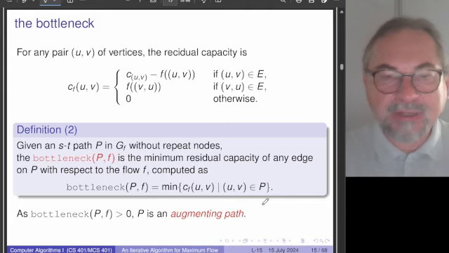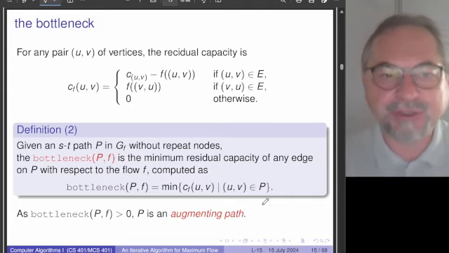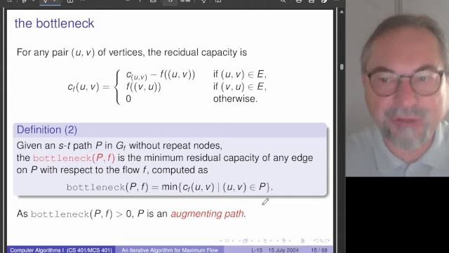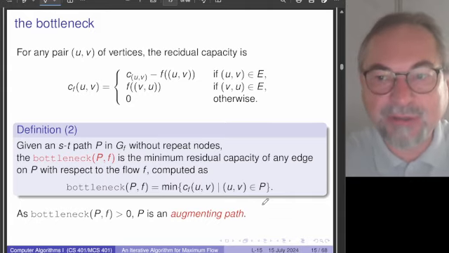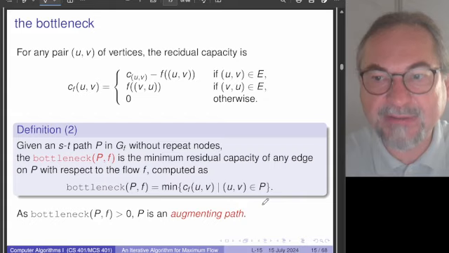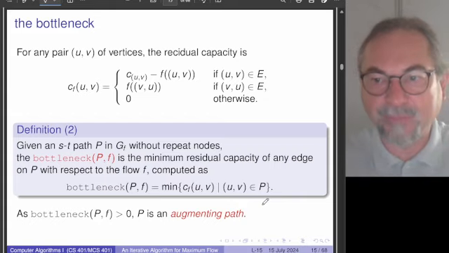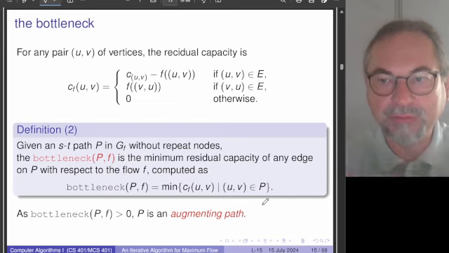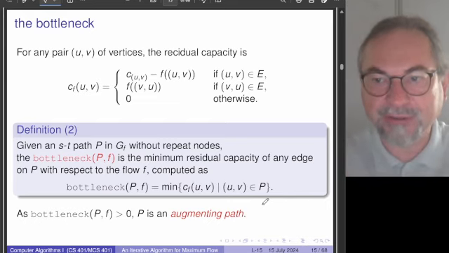Then the bottleneck. So here is again the definition of the residual capacity. The residual capacity is assigning numbers to the edges in the residual graph.